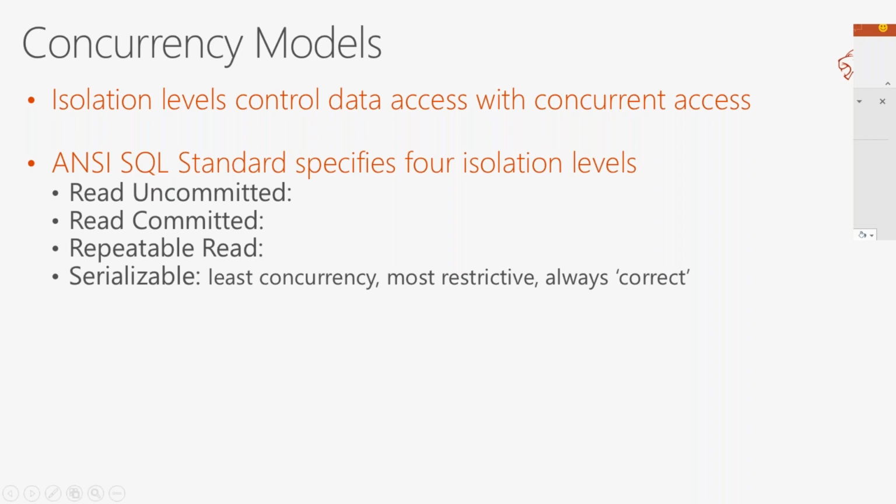Now, the most relaxed isolation level is called read uncommitted. What it means is that if I want to query a table under an isolation level called read uncommitted, as you can guess, the name says read uncommitted data. That means I'm allowed to see uncommitted data.